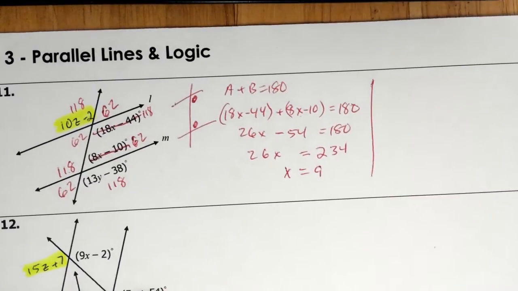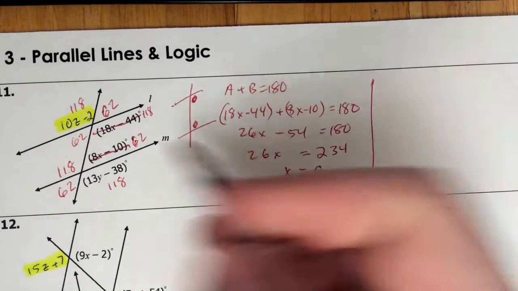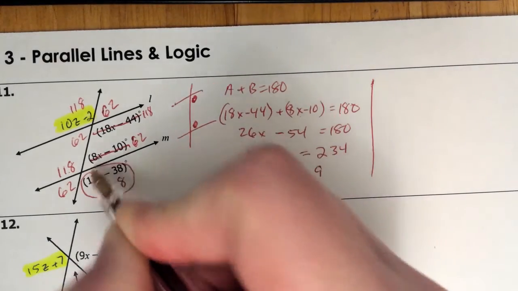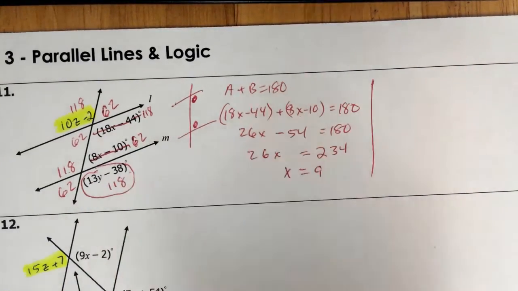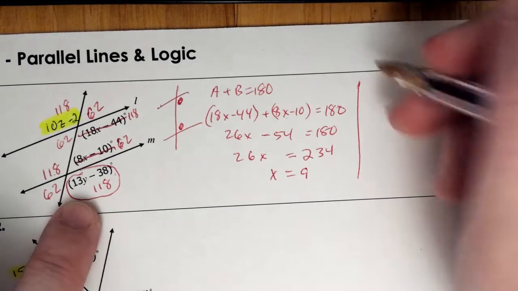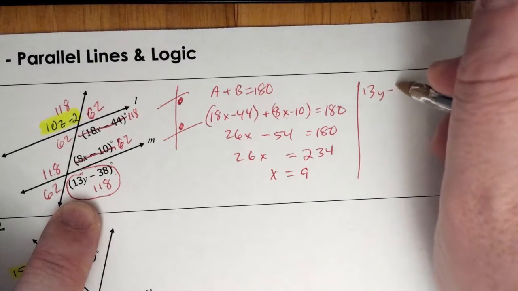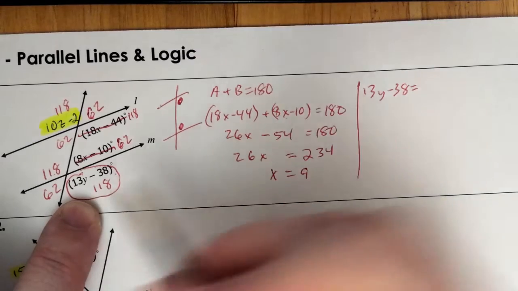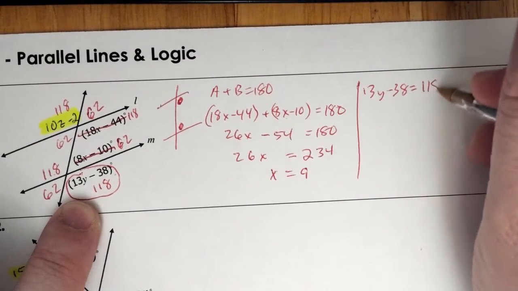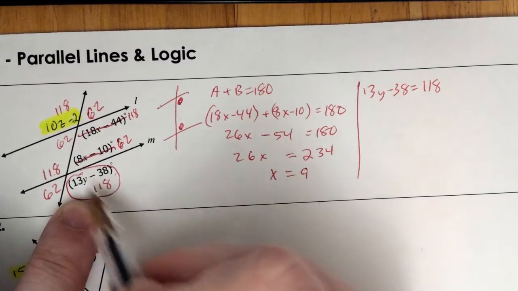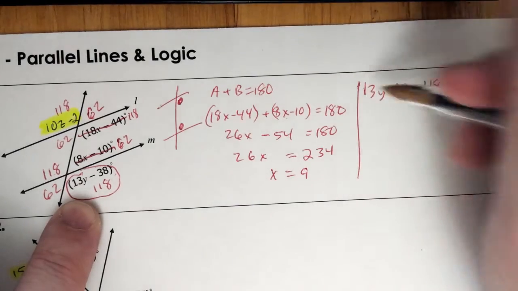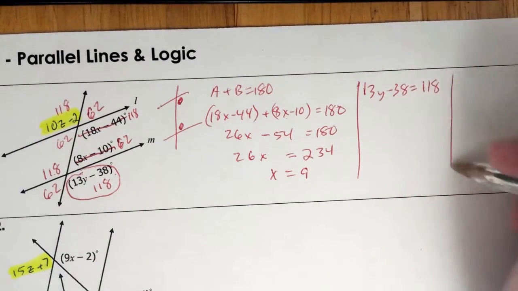Now we're going to find y. This angle has a y in it, and we also have the number. This angle is 13y minus 38. It is also 118. They are the same angle, so they are equal. Now all we have to do is solve.